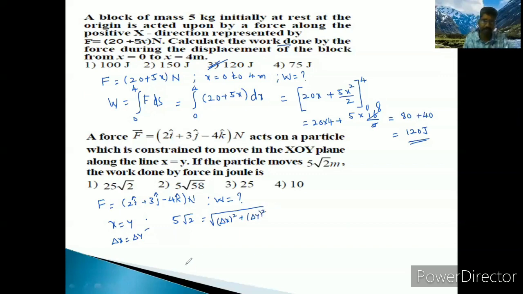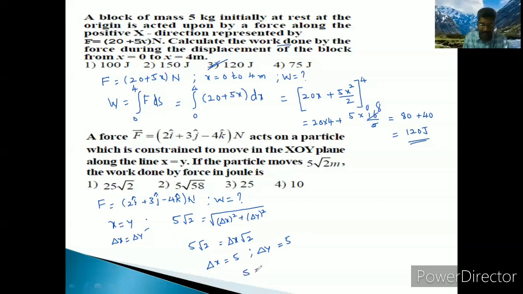Now these two are equal, and it equals 5 root 2. So 2 delta x square gives delta x root 2. Comparing these two, delta x is equal to 5. Similarly, delta y is also equal to delta x, so 5. So delta x and delta y we got.